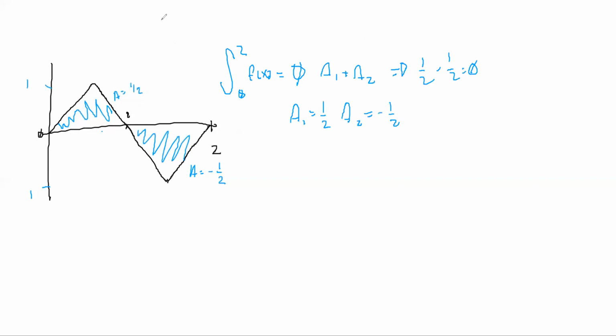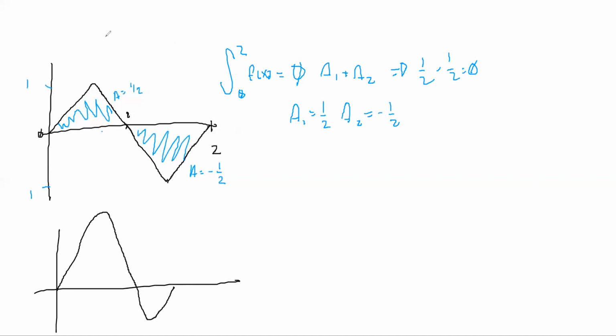Now let's pretend, for instance, it looks like this. Will we have traveled? Well, this is going to be A1, and this is going to be A2. And A1 is bigger than A2. We can establish that just by looking at it.